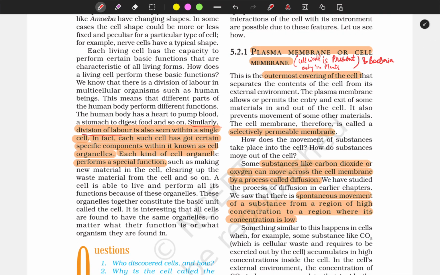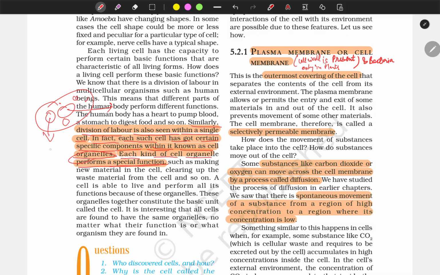Similarly, division of labor is also seen within single cells. In fact, each cell has certain specific components within it, known as organelles. Each kind of organelle performs a specific function. Suppose a cell has a nucleus; it has a function of differentiation. It has different components.